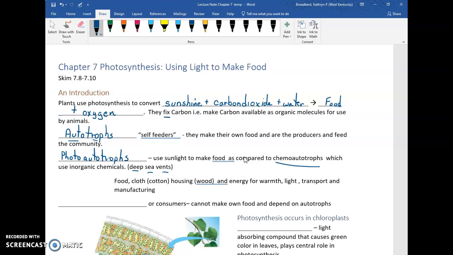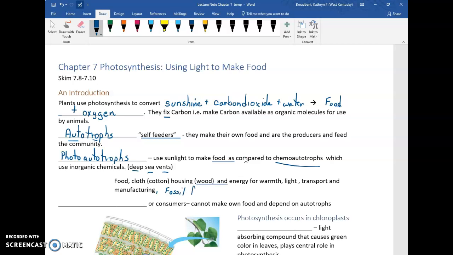So these plants make food, I've already mentioned that, but they also make clothing, think cotton. They provide housing. Most of our houses have wood frames. They provide energy for warmth, light, transportation, and manufacturing, if we count fossil fuels as well.